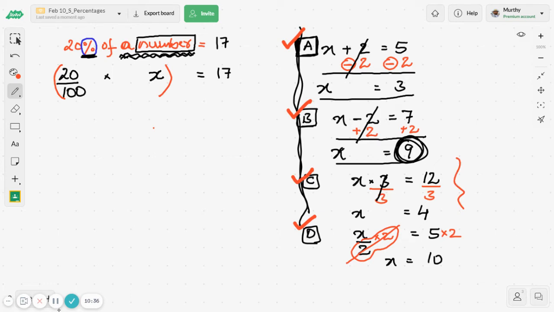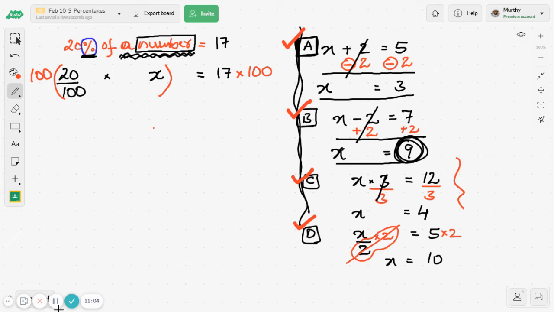So times 100, then 17 times 100. Please remember, when you add something, you have to add the same value on both sides. When you subtract something, then you have to subtract the same value on the other side of the equal sign, and so on. When you multiply with some value, you have to do it on both sides.